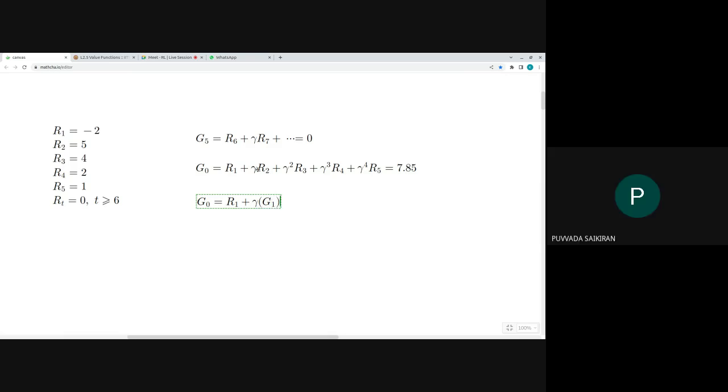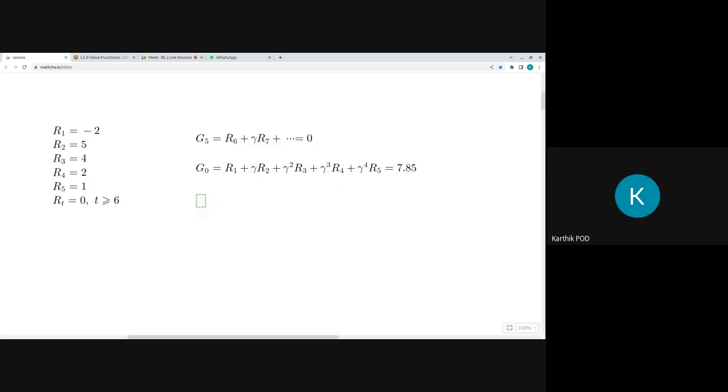Because R2 plus gamma R3 plus gamma squared R4 is just G1. Likewise, you could write G1 as R2 plus gamma G2, right? So you could do this. Now you could continue in this way, and for each step, you can write this recursive procedure.